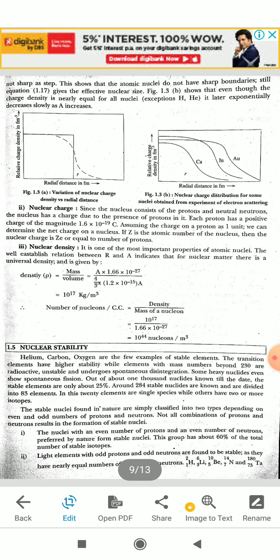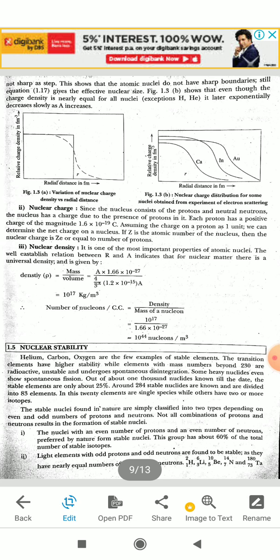The stable nuclei found in nature are simply classified into two categories depending upon the even and odd number of protons and neutrons. Any nucleus consists of a number of protons and a number of neutrons, and on the basis of this constituent of neutrons and protons, we classify into two.